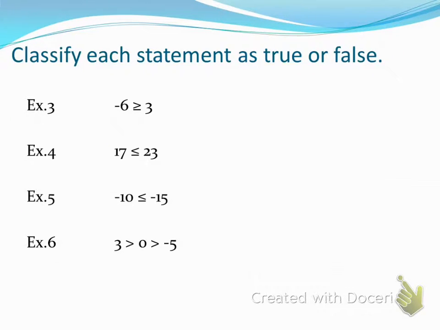Who can raise their hand and tell me how we would read this top one? For example 3. Keon. Very good. Negative 6 is greater than or equal to 3.